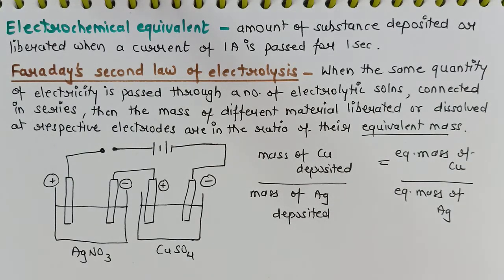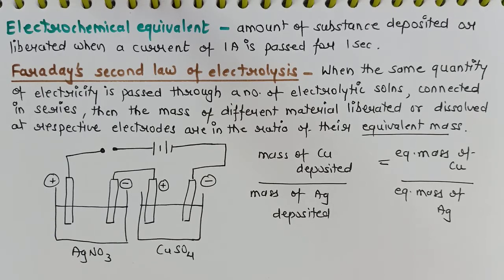That means we are passing the same amount of current for the same time period, but still the mass of silver and copper deposited will be different. We know the equivalent mass of silver is more, and therefore more silver will be deposited. This is what Faraday's second law says.